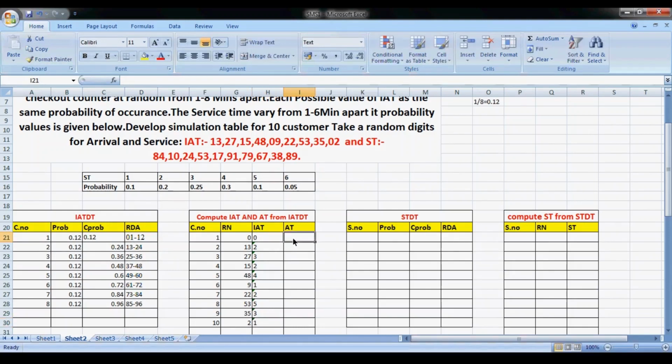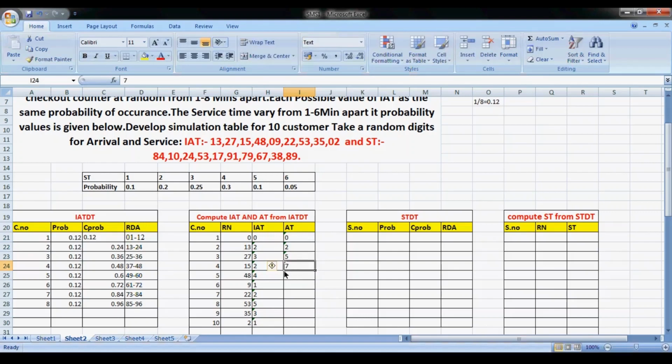Next, we need to calculate the arrival time. So the arrival time for the first customer is 0. The arrival time for the second customer is 0 plus 2, we get 2. The arrival time for the third customer is 2 plus 3, 5. Then the fourth customer is 5 plus 2, we get 7.